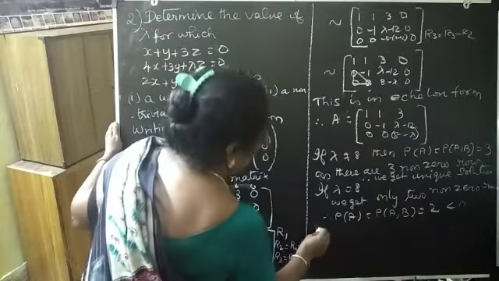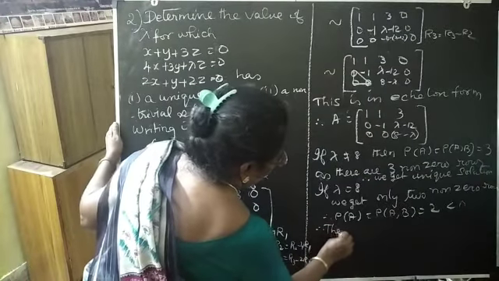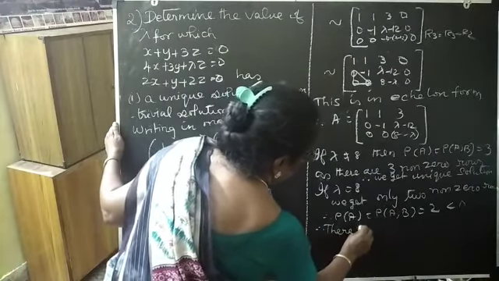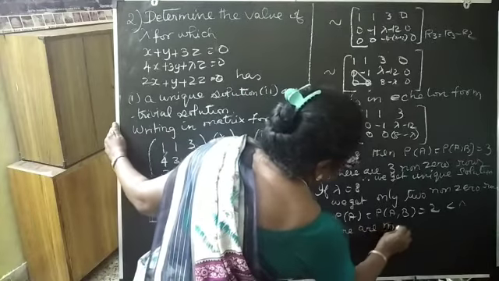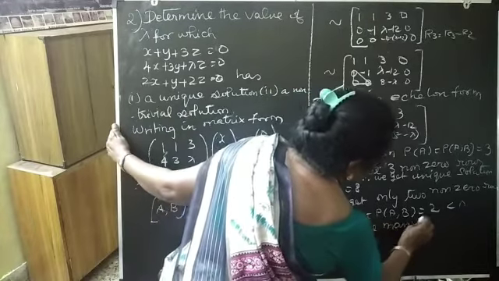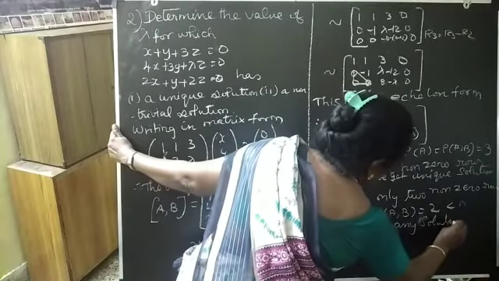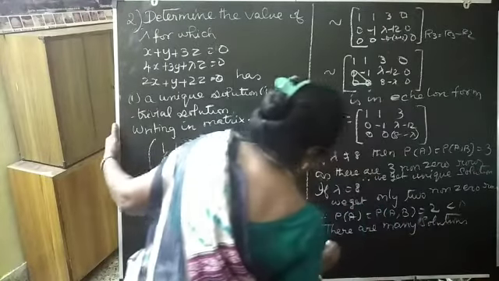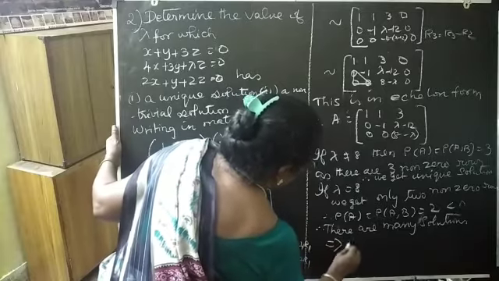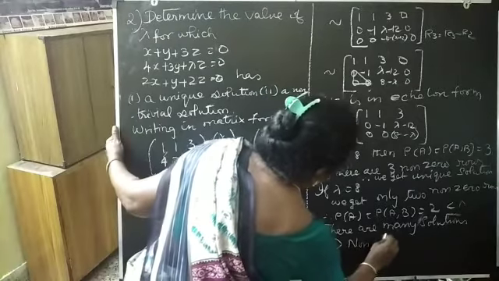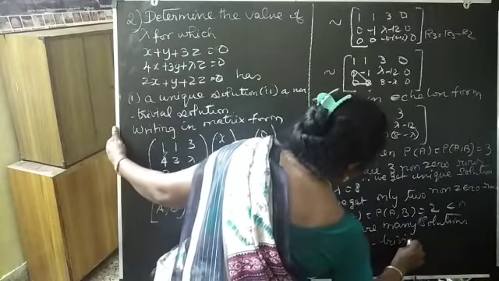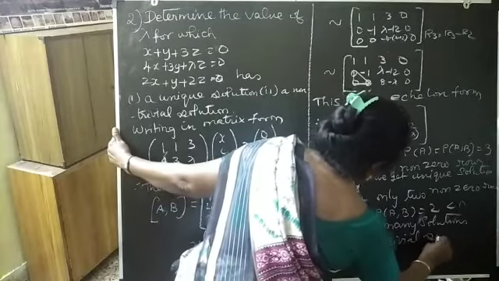Here it is less than n, therefore there will be many solutions, which implies they have non-trivial solutions.